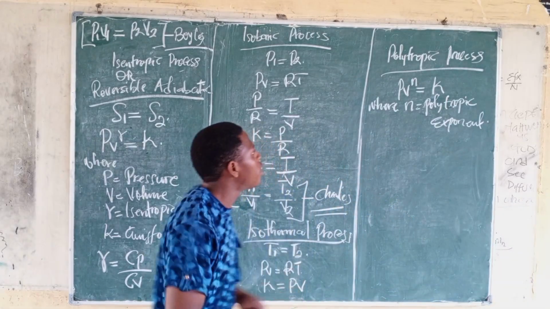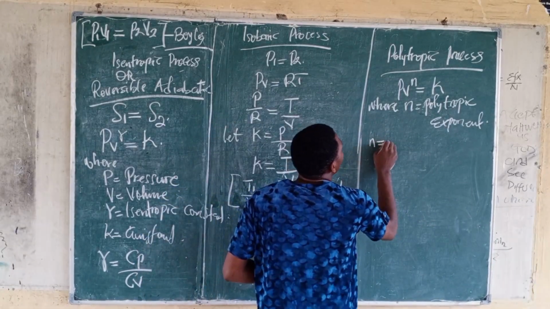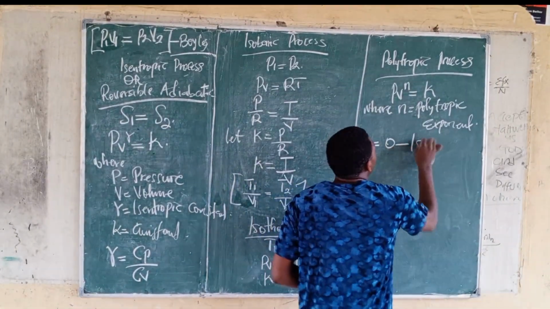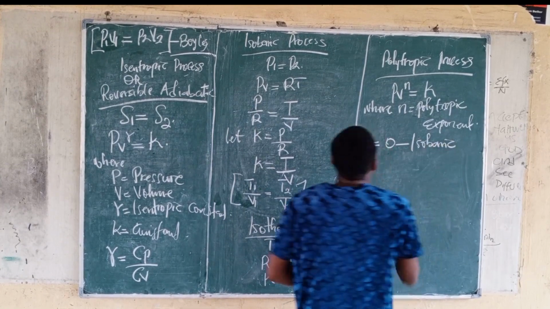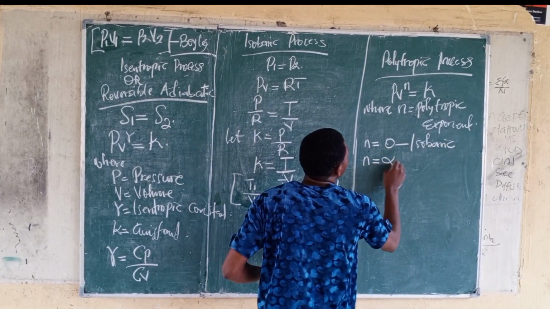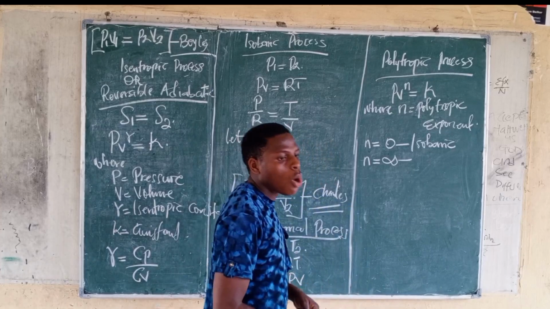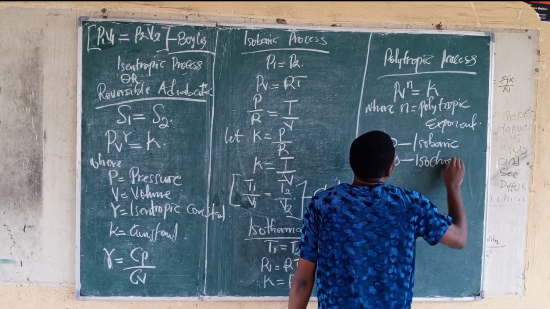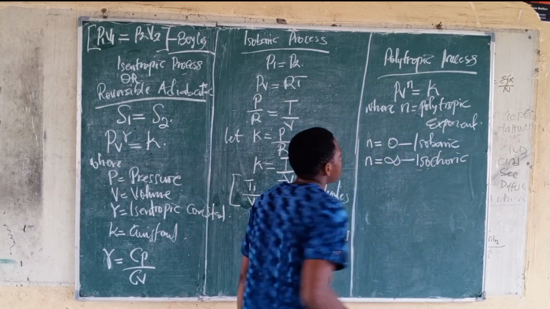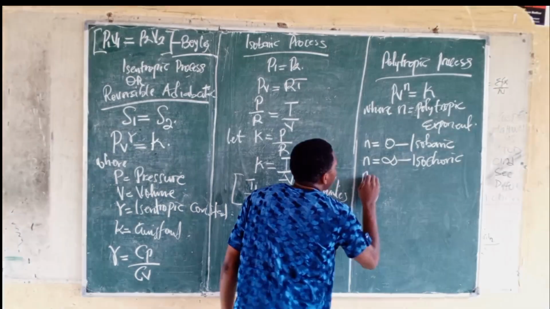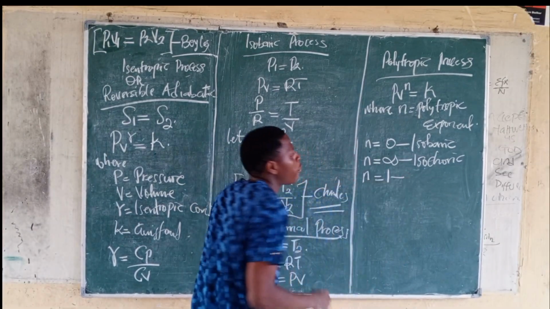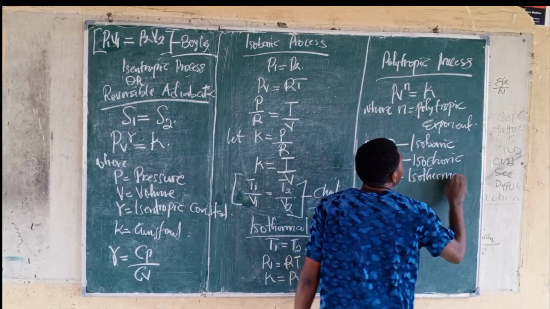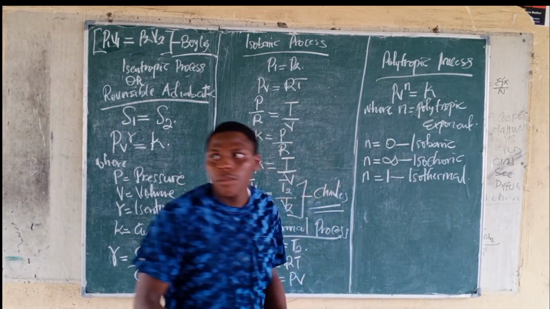Now note this, when n is equal to 0, then your process is isobaric. But when n is equal to infinity, then that process is called isochoric process. Then when n is equal to 1, then your process is isothermal process.